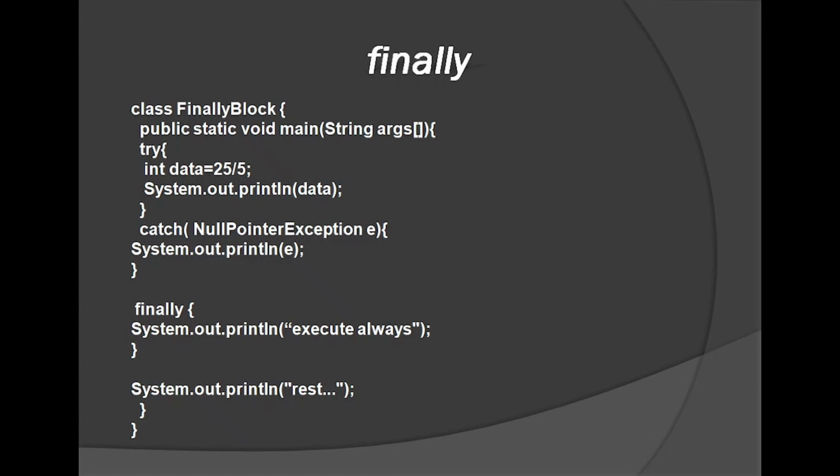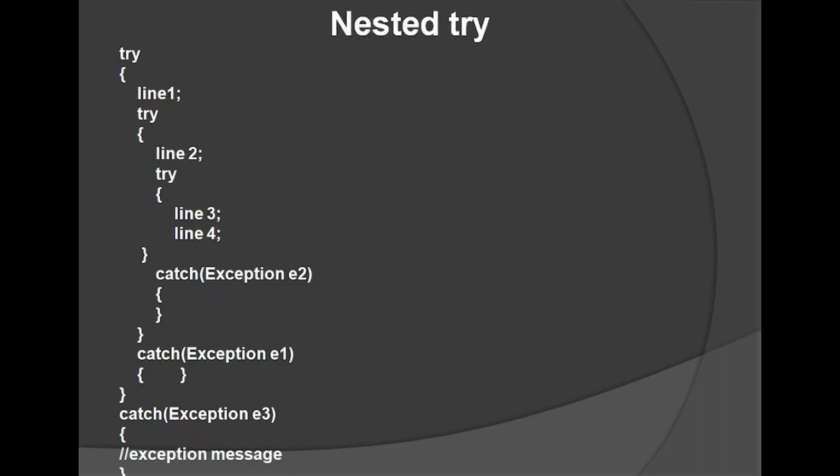The division will not throw an error because the divisor is not 0, so the catch block will not run here. But the finally block will always run, along with the rest of the code, and the finally block.